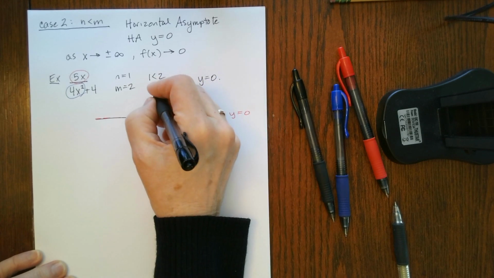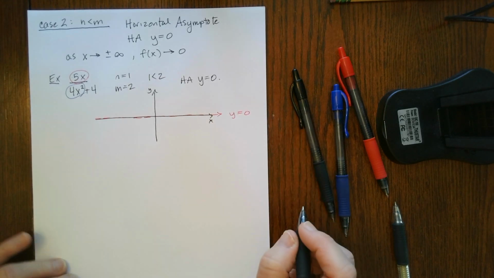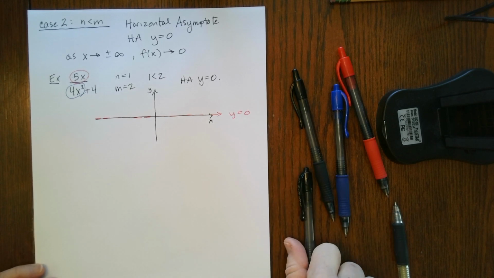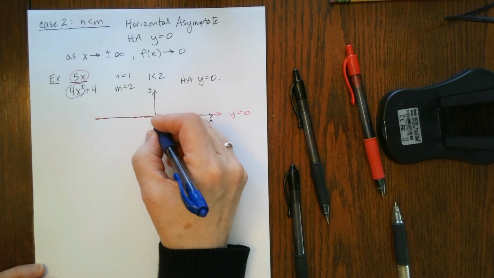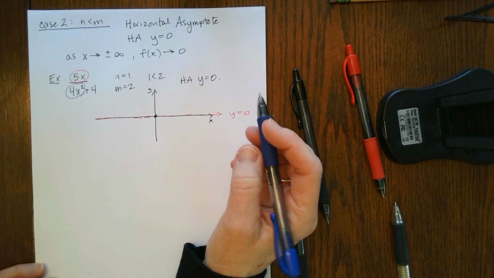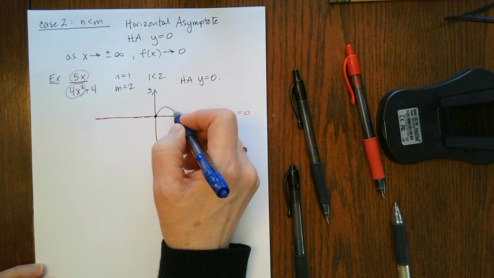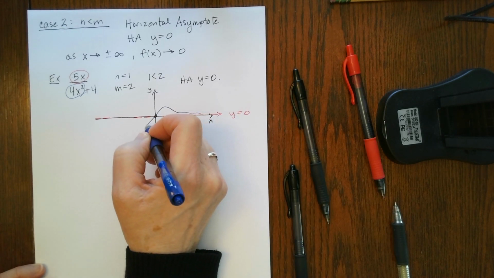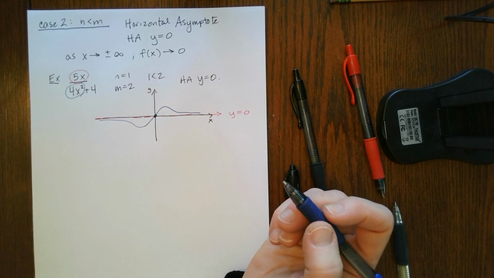We have y here and x here. And let's see, the graph. When x is 0, we have 0. And then the graph is going to curve up and come down and approach that asymptote to the right. And it curves up and comes down and approaches the asymptote going to the left.